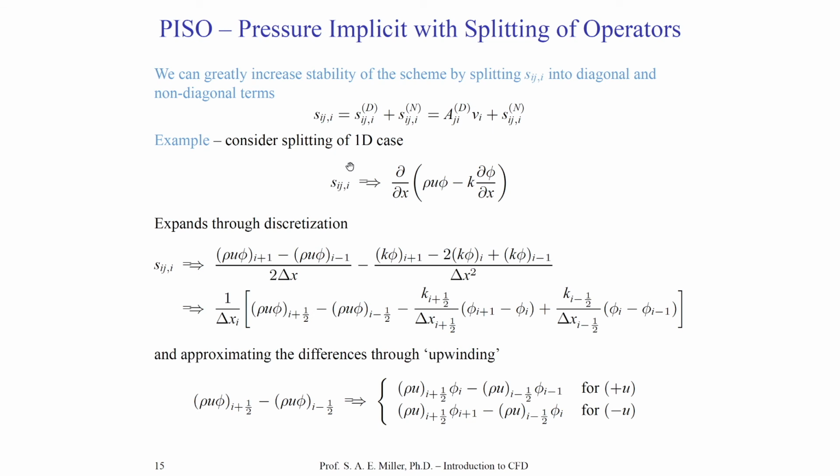For example, we would split Sij with I, that is the tensor Sij with derivatives I, as partial x of rho u phi minus k phi partial x, as an example. Now we can expand this term through simple discretization. So here's a continuum form. We can discretize it using, of course, our standard finite differencing techniques, which we talked about in our numerics class.